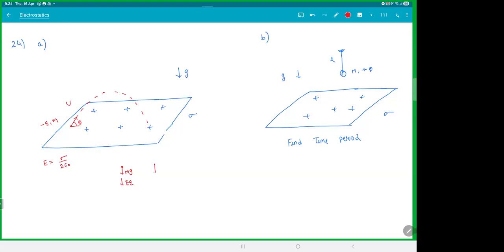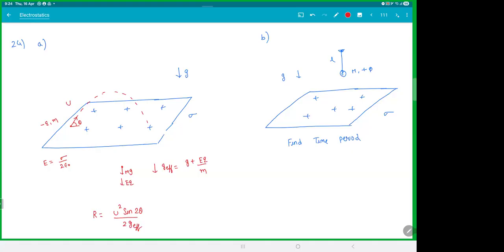So from here we get G effective is G plus EQ by m. And then you know the range formula, U square sine 2 theta by 2 G effective. That's it. Just get the G effective and you wrap it up there.